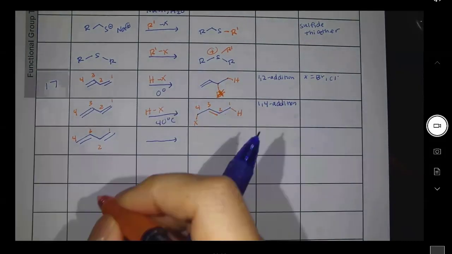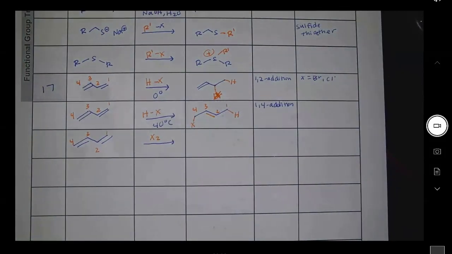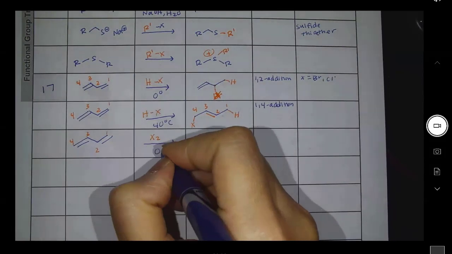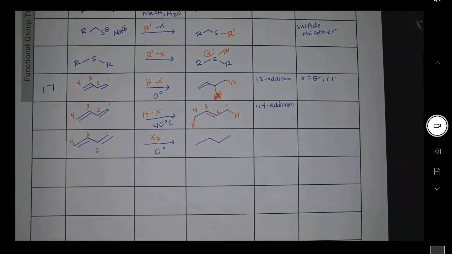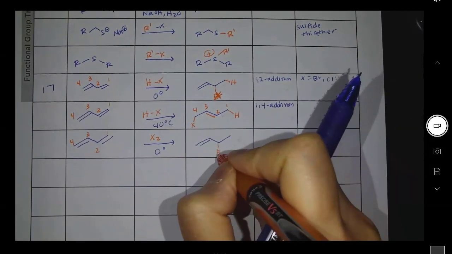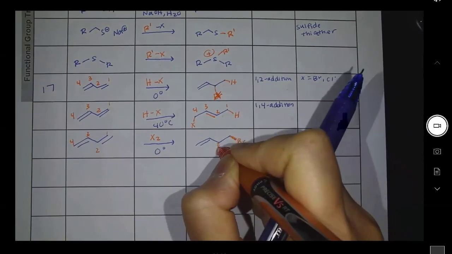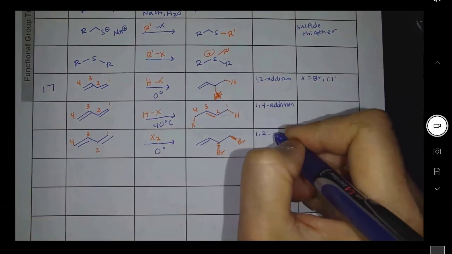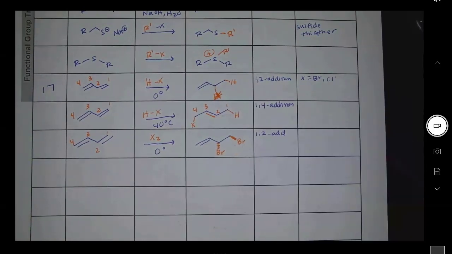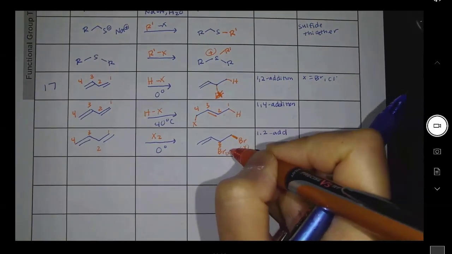If you add X2, so Br2 or Cl2, we would get the same pattern here. So at cold conditions, we'll get Brs here. Or those Brs can be X's. So put X over the arrow.